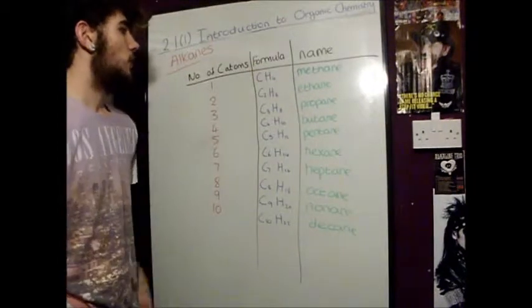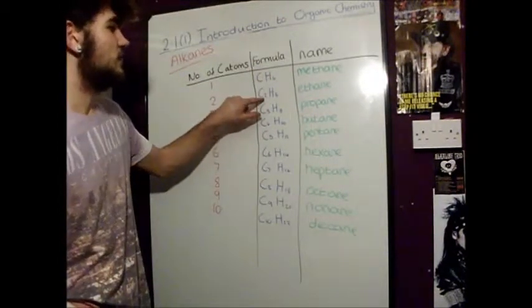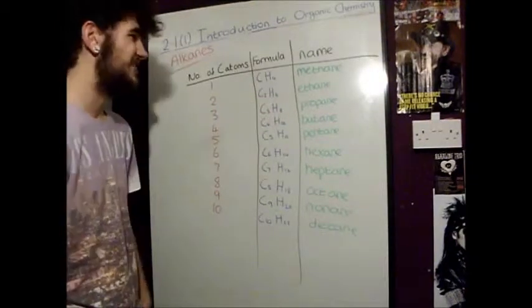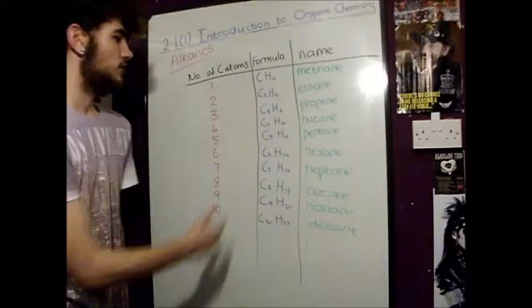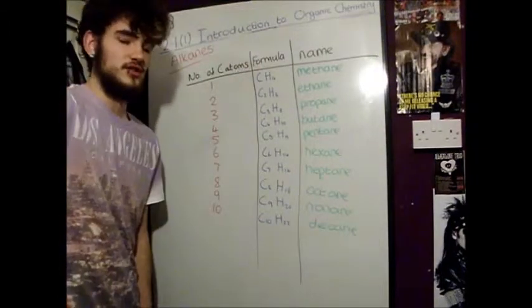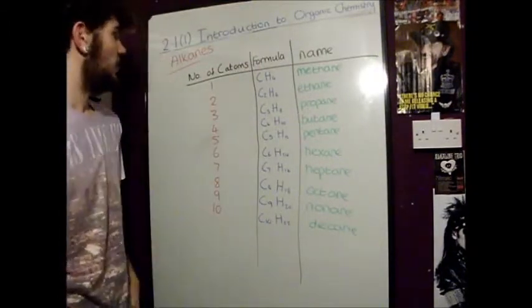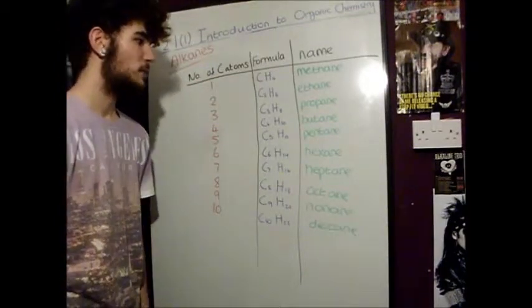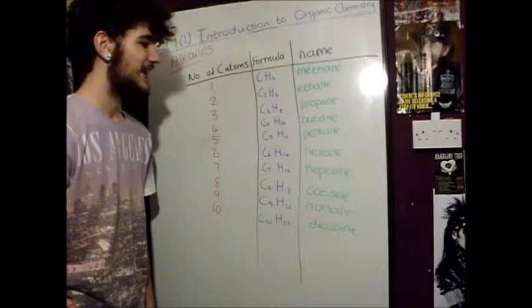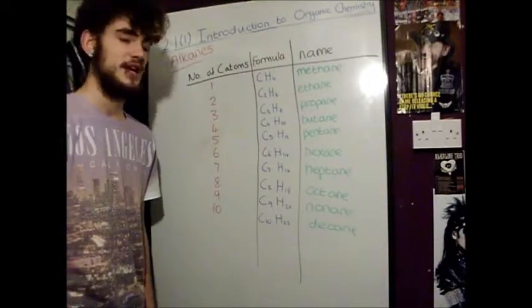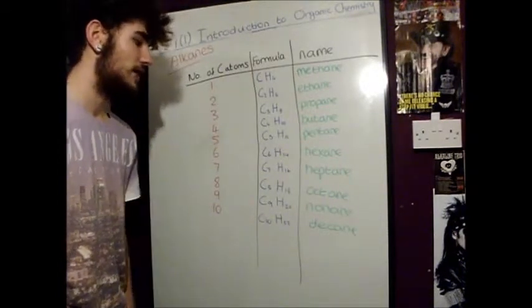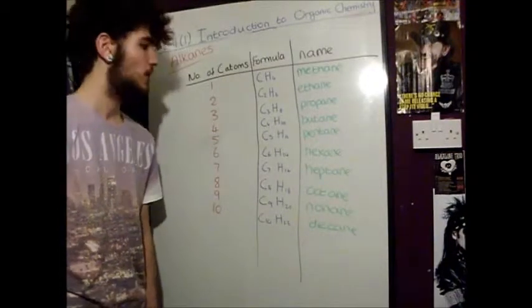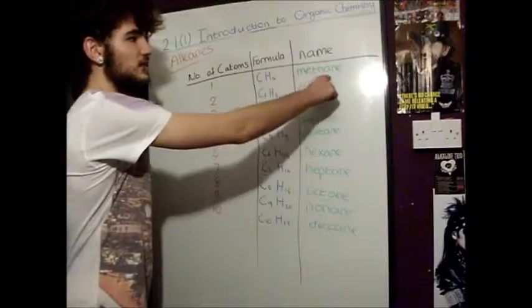If you do it with ethane, it's C2, H, 2 times 2 plus 2, which is 6. You can have a go at them all and try and figure them out. And here they are: methane, ethane, propane, butane, pentane, hexane, heptane, octane, nonane, and decane. They all end in -ane if they're an alkane, and the -ane means that they have single bonds.